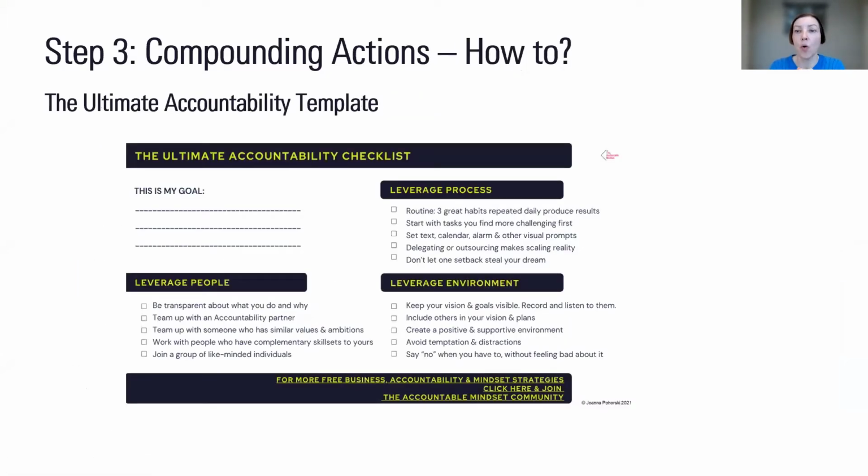Brilliant. So what's the solution? You have in your workbook the ultimate accountability checklist. And I've created this having spoken to literally dozens of people I've coached during my corporate career, but also over 60 people I've coached in the last few months.